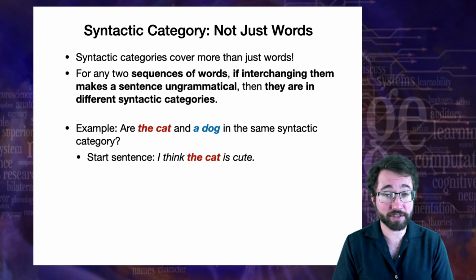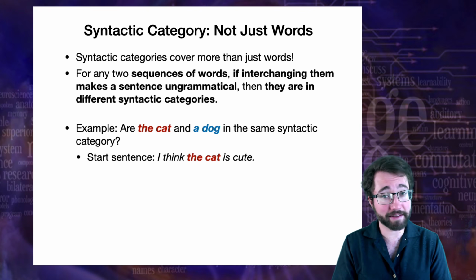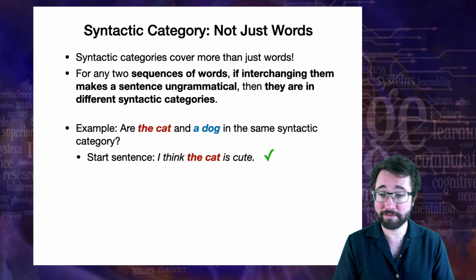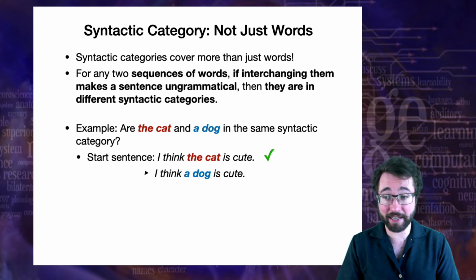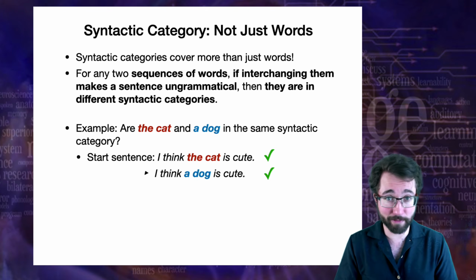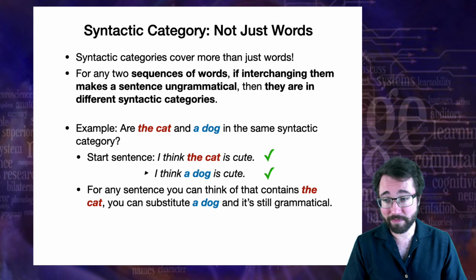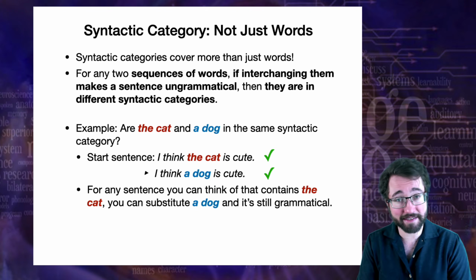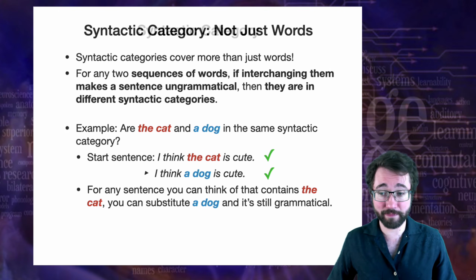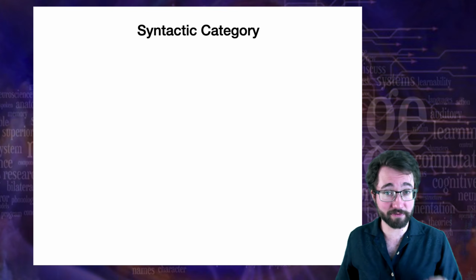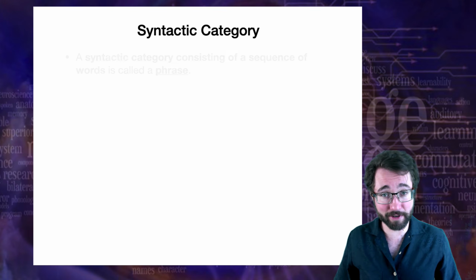Well, we start with a sentence which is grammatical, like "I think the cat is cute." We drop in a dog instead, and we get "I think a dog is cute." It's still grammatical. So for any sentence you can think of that has the cat, you can substitute a dog, and it's still grammatical. So those sequences of words are actually in the same syntactic category.